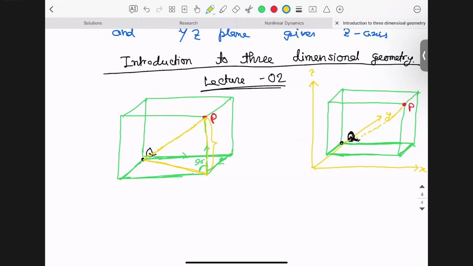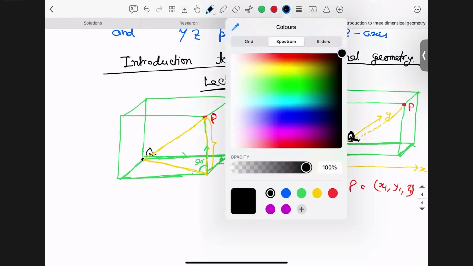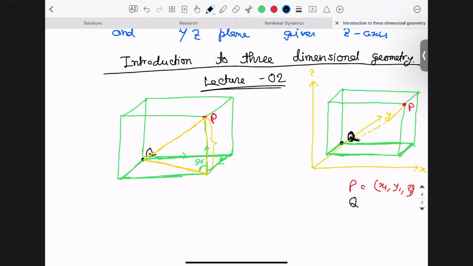So if I name it, P has coordinates x1, y1, z1, and Q has coordinates x2, y2, z2.